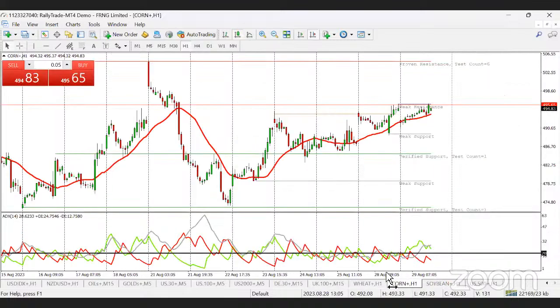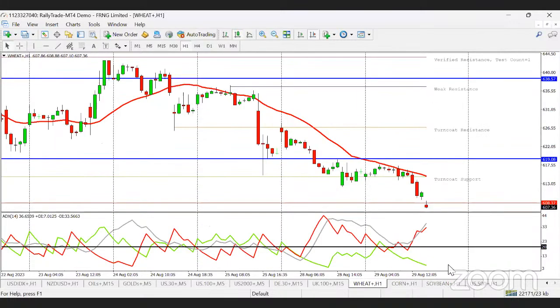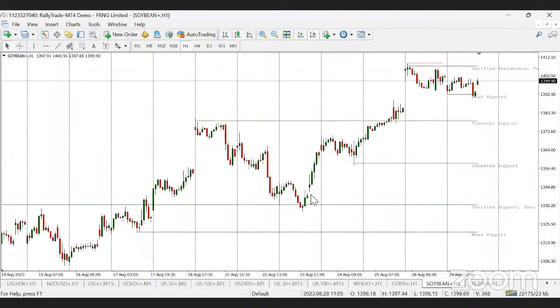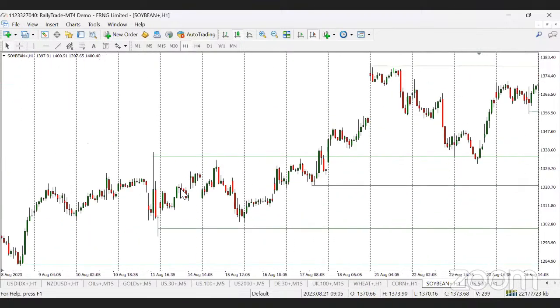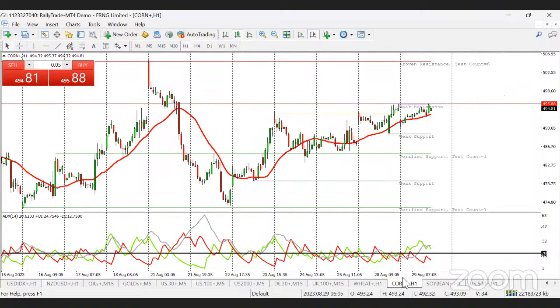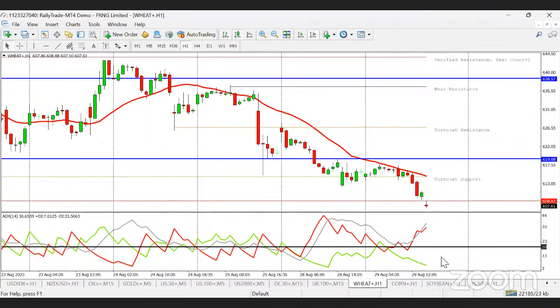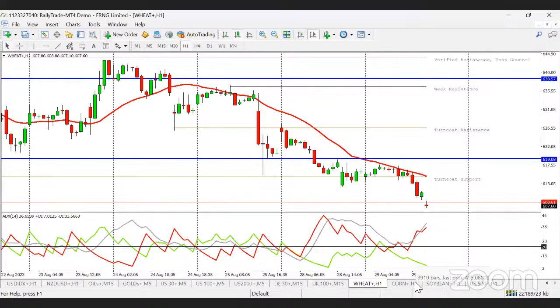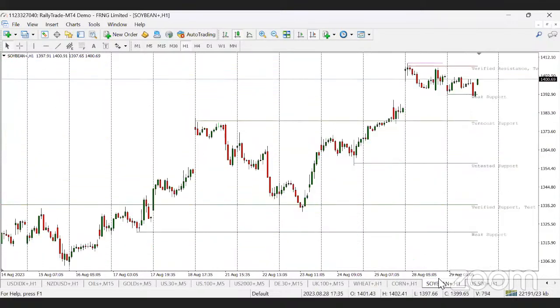For corn and wheat, I'll be going in for a sell. But for soybean, I'll be going in for a buy. This is one of those times that you have to pick up different directions for different instruments.